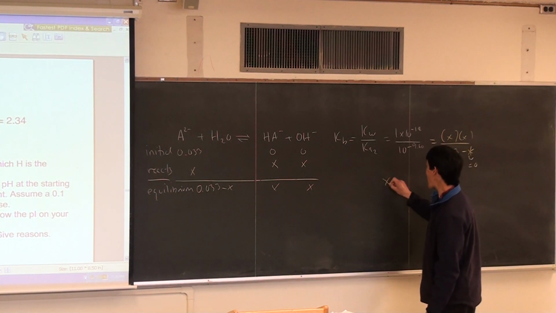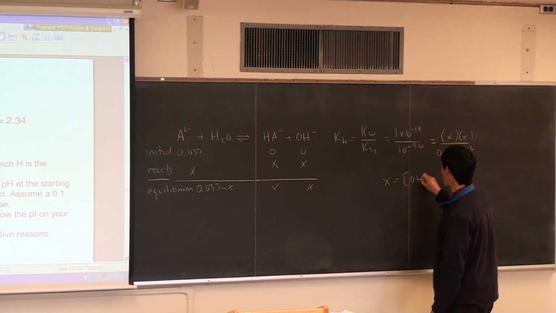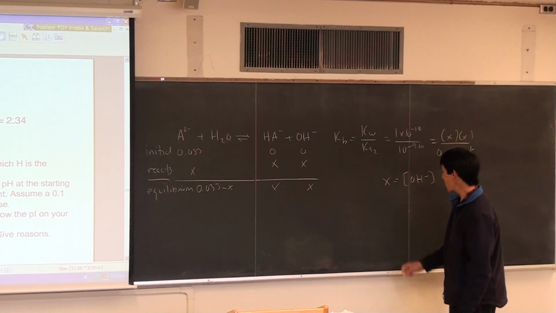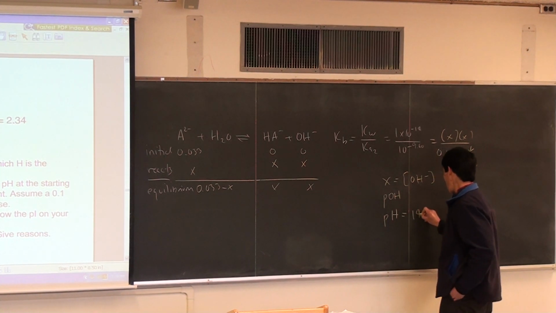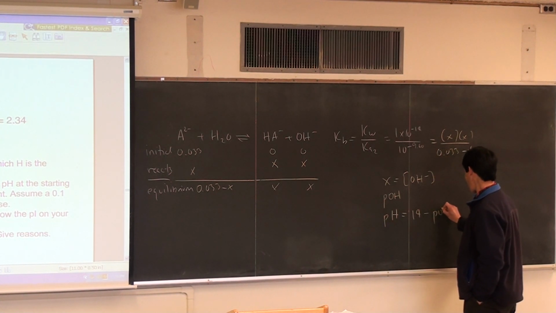Okay, so if we solve for x, this gives us the hydroxide ion concentration. And from here, we can calculate the pOH, and from pOH, we can calculate the pH.